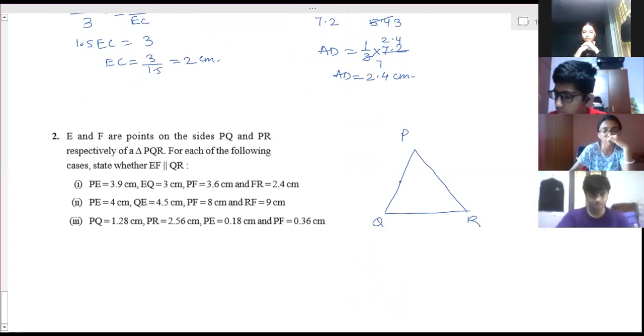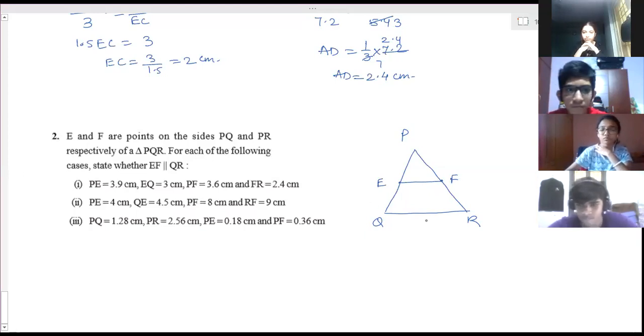E and F are the points on PQ and PR. So we have to check in all the cases whether EF is parallel to QR or not. So how to find that out? How can we say that EF and QR are parallel?